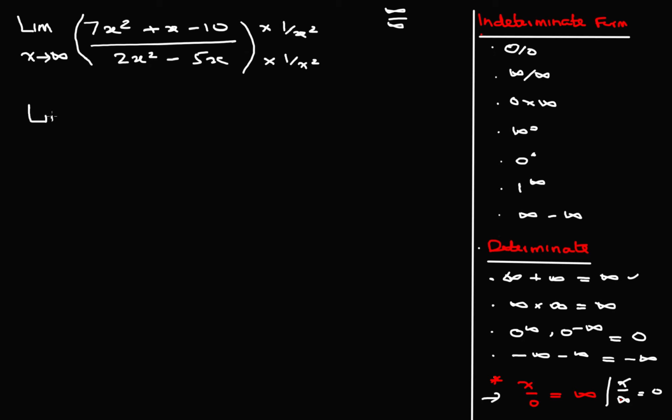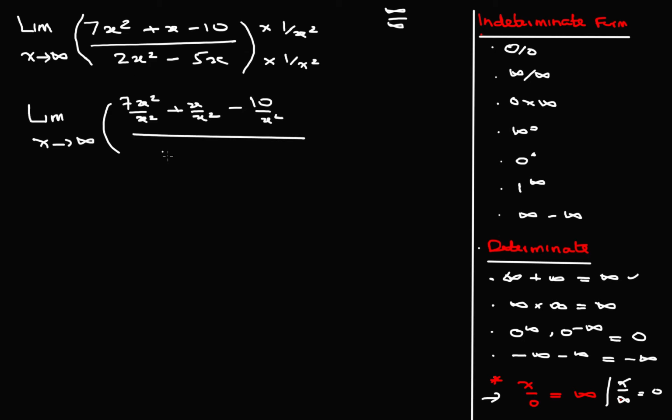So we're going to say limit as x approaches infinity. Here we're going to have 7x²/x² plus x/x² minus 10/x². Then at the bottom, we're going to have 2x²/x² minus 5x/x². What does this give us?